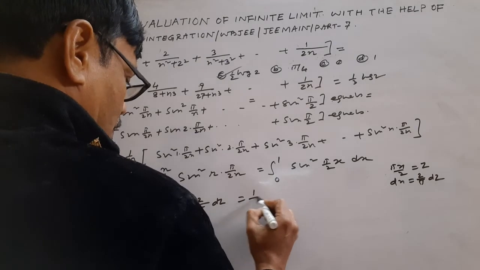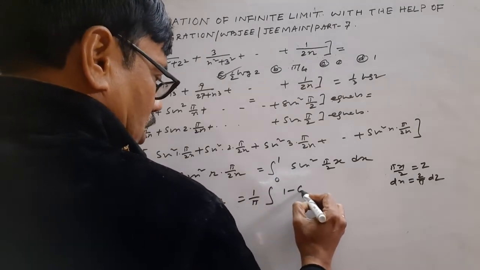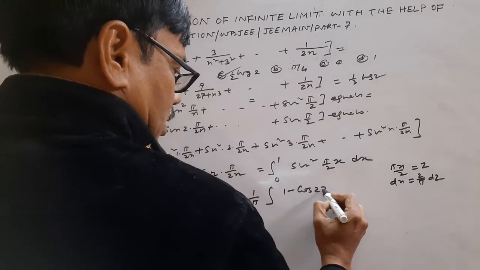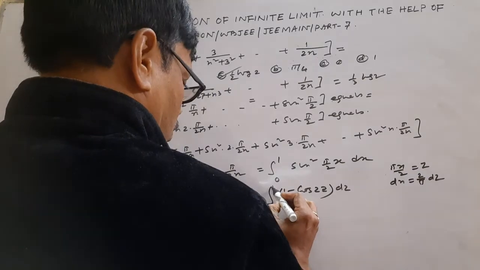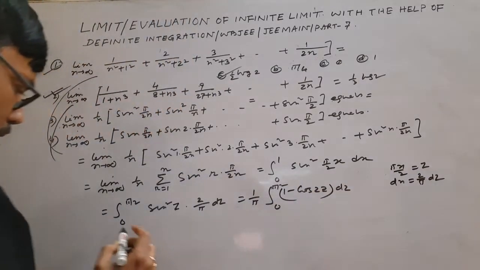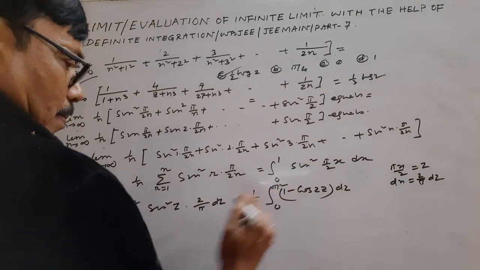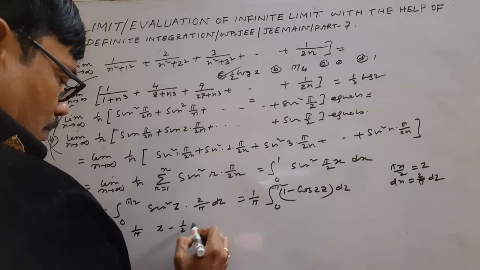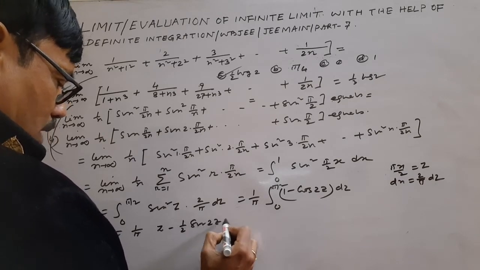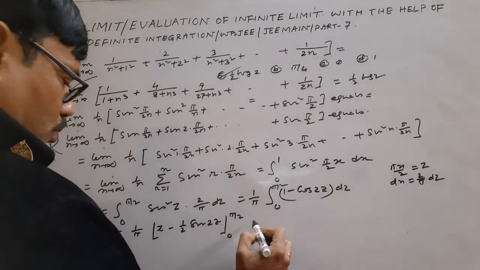So 1 by pi outside, integration 1 minus cos 2z dz, 0 to pi by 2. So 1 by pi unchanged. So this is z minus half of sine 2z, 0 to pi by 2.